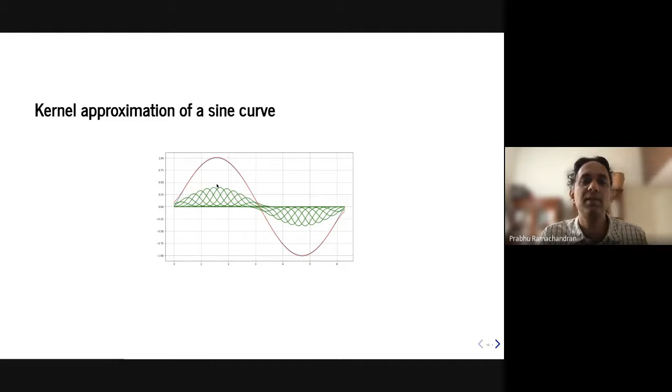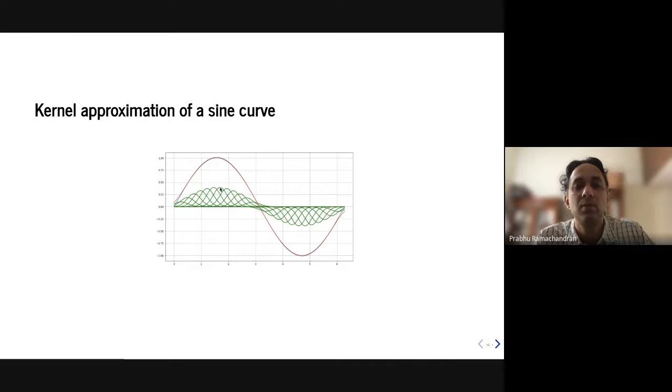So here's a simple example. I'm not going to walk through the whole thing. We have, say, 25 points in this region, discretized. We're trying to approximate a sine curve. There's a blue curve, which you can't quite see here, but you can see it on this side. There are boundary effects here, but in the middle of this region, you see that this actually captures the sine. The red curve captures the sine curve really well. And each of these green guys is a kernel, right?